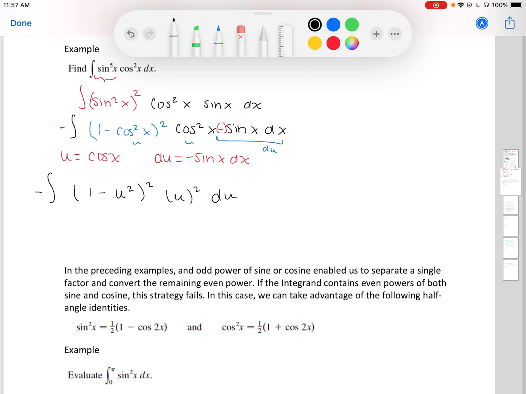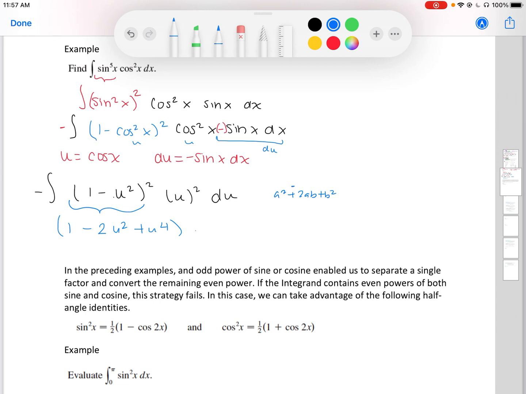Now it's just an algebra problem. It looks kind of like we need more work to do, but don't get caught up with all the different integrals you learned so far. You can go ahead and just simply expand this binomial. So remember our binomial rules. So we have 1 squared, so we have 1 minus 2u squared plus u to the 4th power.